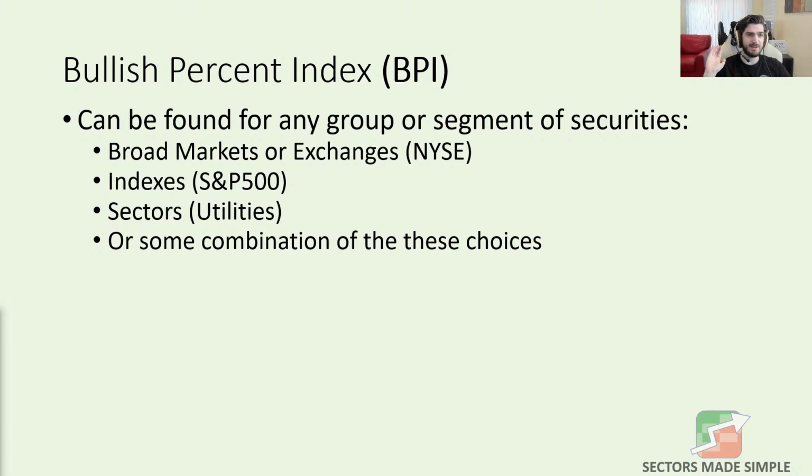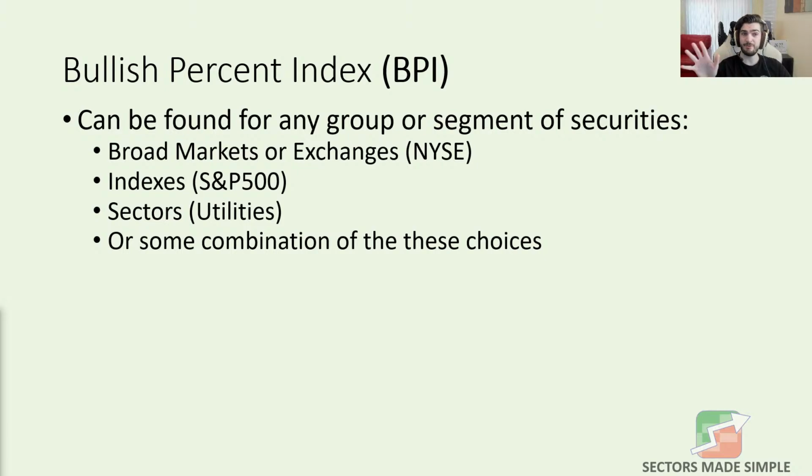You can find the BPI for utilities of the New York Stock Exchange. You could find it for technology stocks in the S&P 500. So we can play a little bit of mix and match here. But no matter what group you pick, there's always one thing that it always shows.